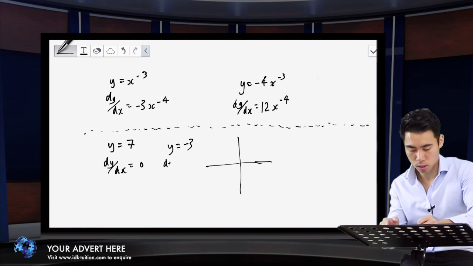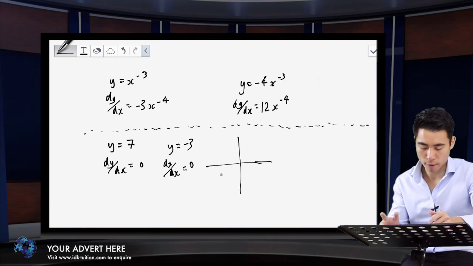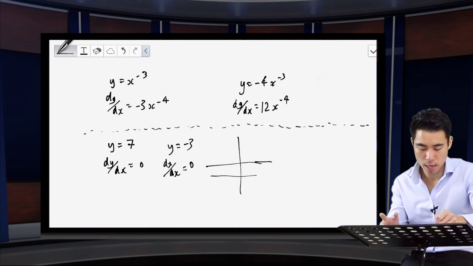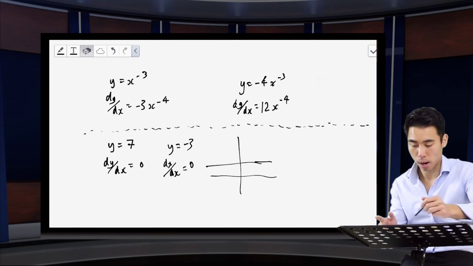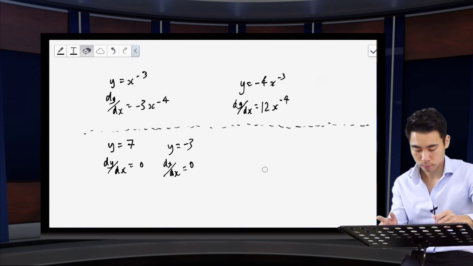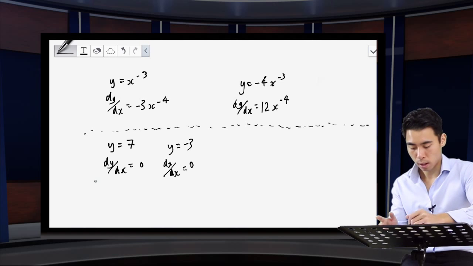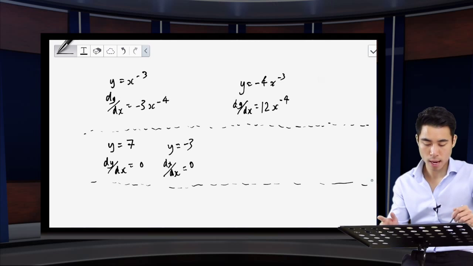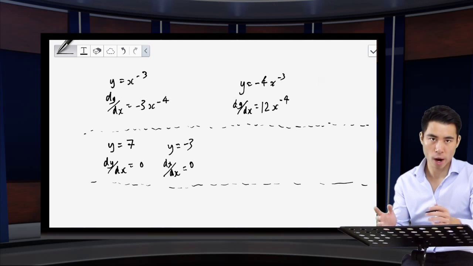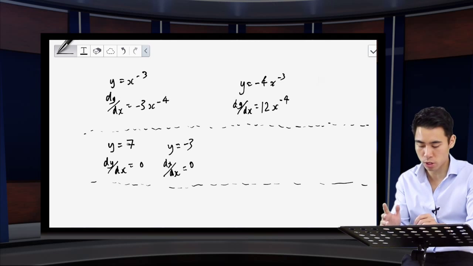Your dy by dx would also be 0, because you have exactly the same case where you have a horizontal line with no gradient, which means that your dy by dx also has to equal 0. So in this case, your y-axis intercept would be minus 3. So that's the case when you have y equal to a constant. You notice we have no term in x here.